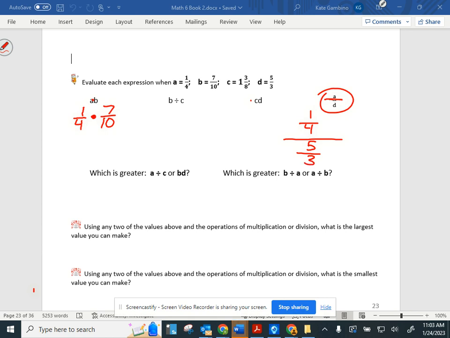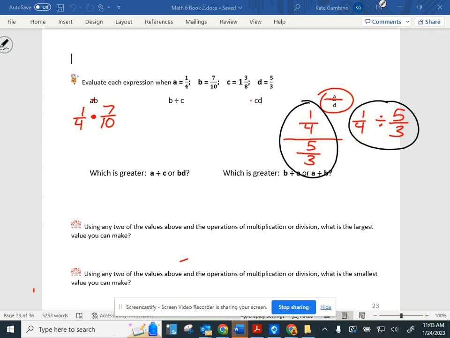Which seems really goofy because when we have fractions, we don't usually have a fraction for our numerator and a fraction for our denominator. How else could I write this expression? Amelia? 1/4 divided by 5/3. So this and this mean the exact same thing.